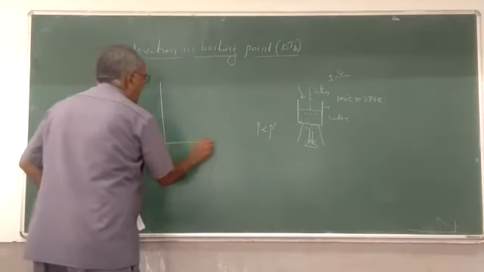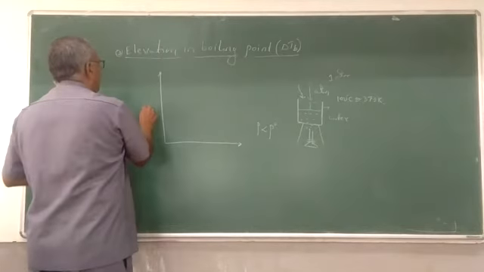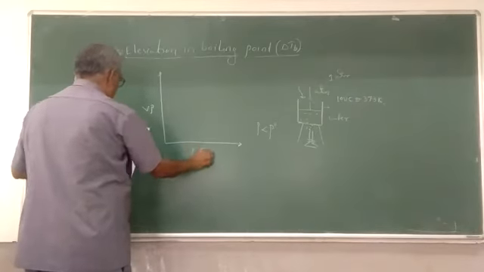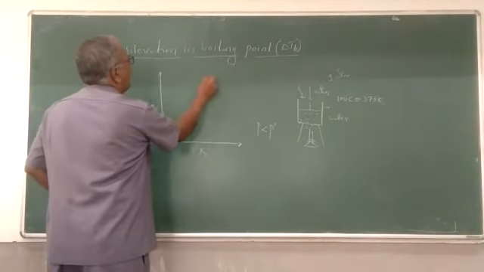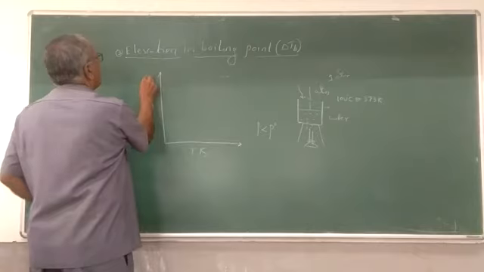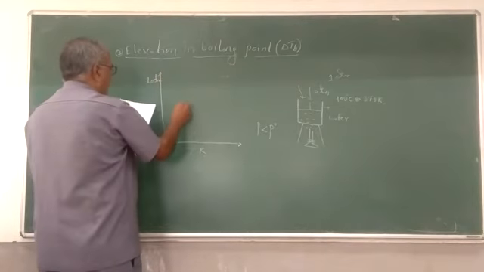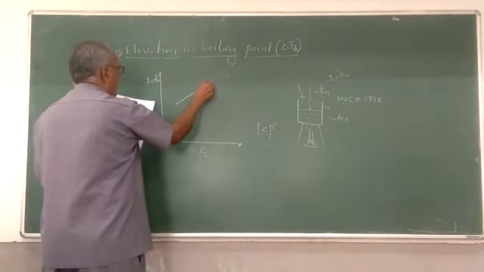Now, if you observe the graph of vapor pressure versus temperature in the Kelvin scale, measured at 1 atm, as the temperature increases, the vapor pressure of the solvent increases.